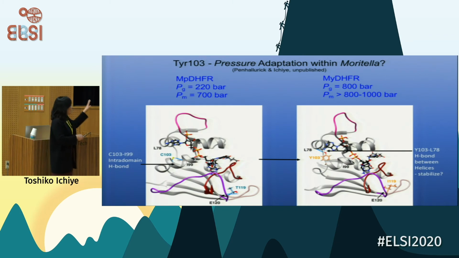So you would think it has to adapt so that it doesn't unfold. We don't know for sure what the melting pressure is, but since it's active there, we assume it must be doing something. We can look at the glutamic acid. It doesn't change to anything. It's already this glutamic acid.